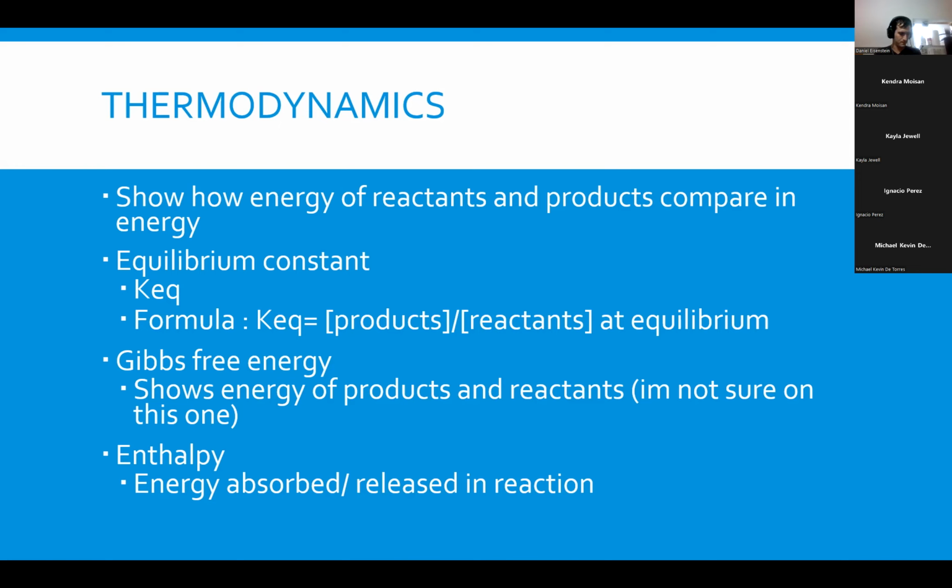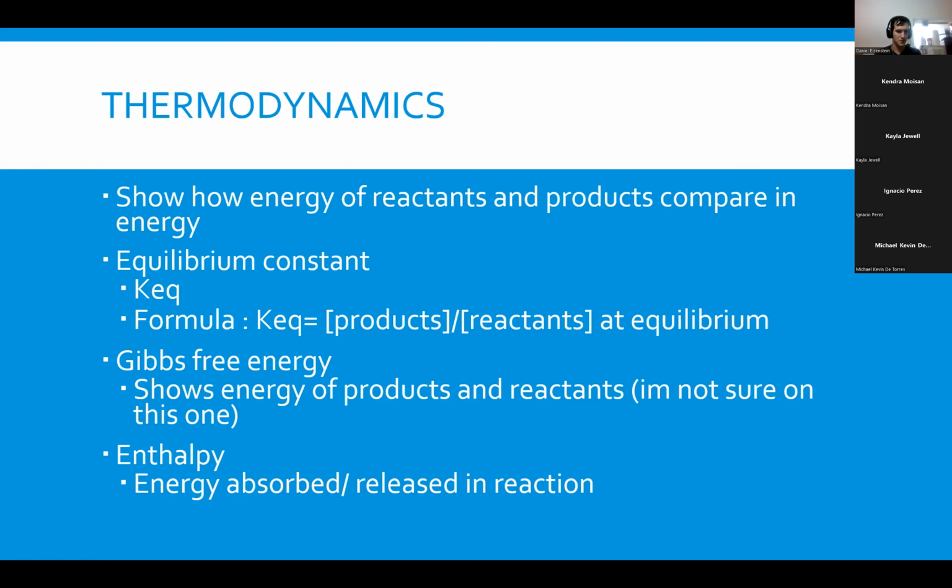If it is less than 1, the reaction is unfavorable because you have more reactants than products at equilibrium. If it is equal to 1, the system is at equilibrium.